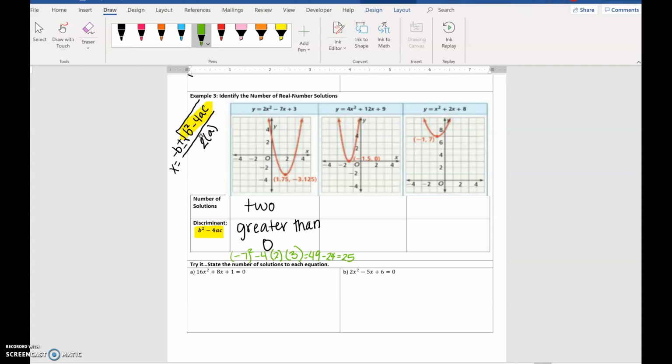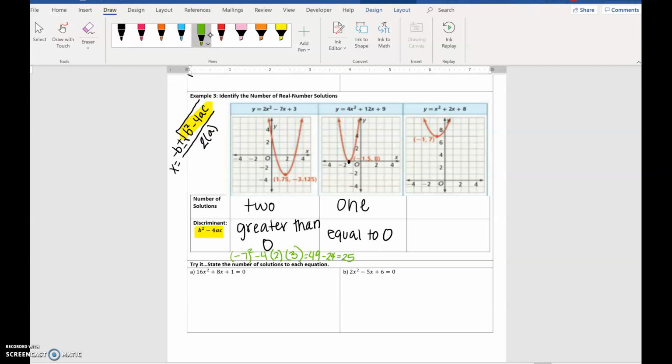so there would be 2 real solutions. And then this next one, we can see that it just touches once, so there's 1. And if you do the discriminant, it would be equal to 0. So I'll do it up here.